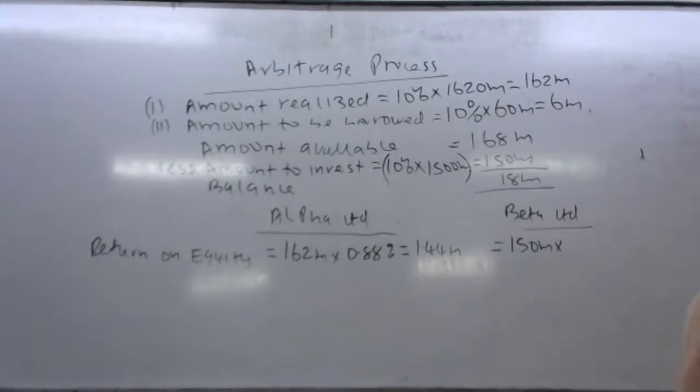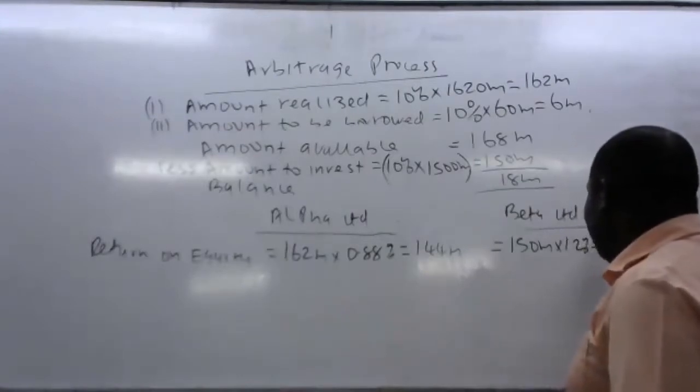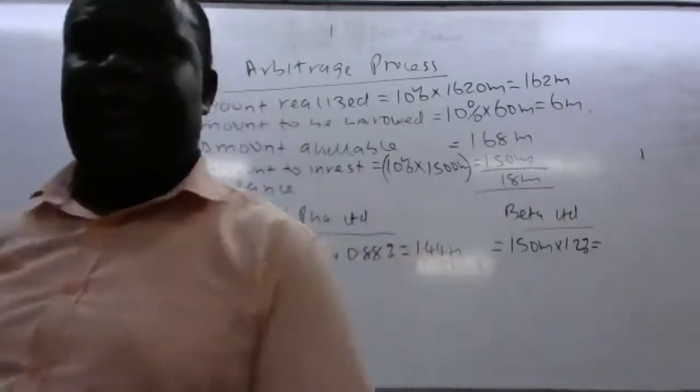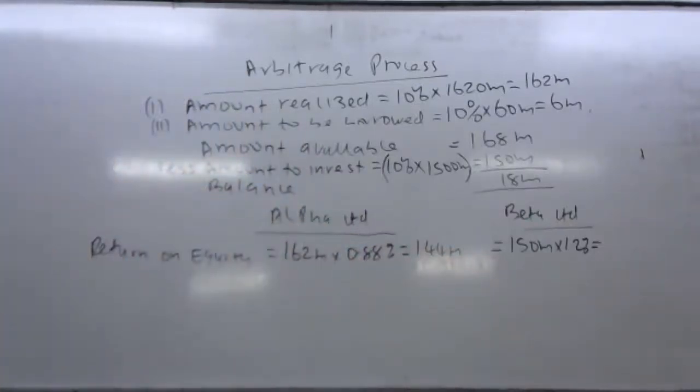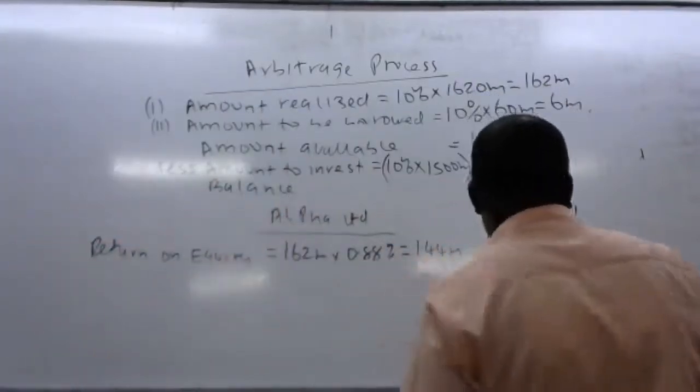Yeah, so we calculated KEU. You remember the cost of equity for beta? It was what percent? It was 1.2%. So when you get 1.2% of 150 millions, how much will you get?